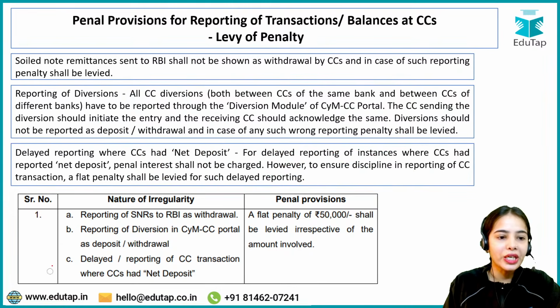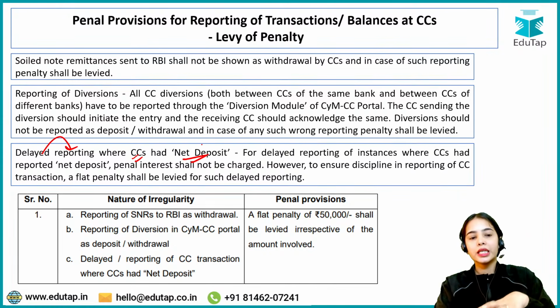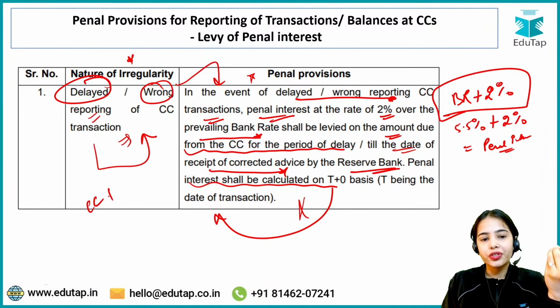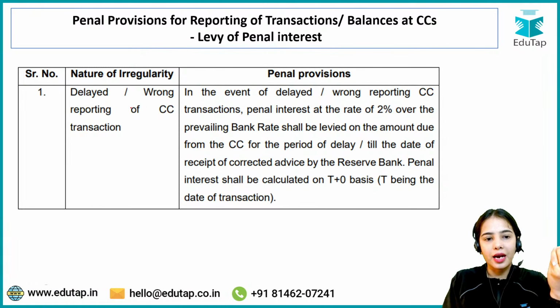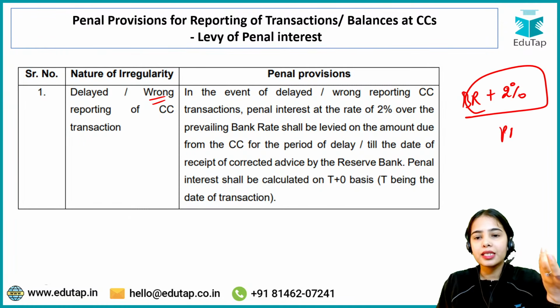Now coming to the last point, that is delayed reporting where the currency chest had net withdrawal. If delayed reporting or wrong reporting is happening for currency chest transactions, the bank rate plus 2% is the penal interest that is levied.